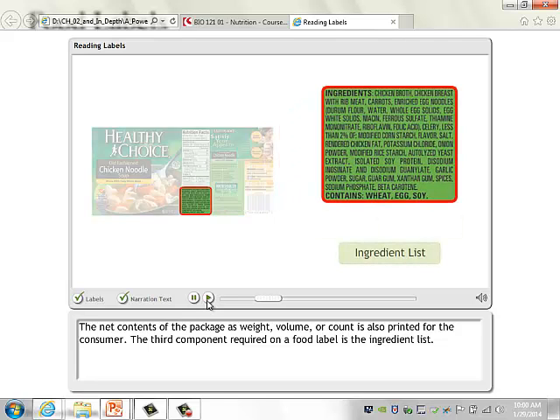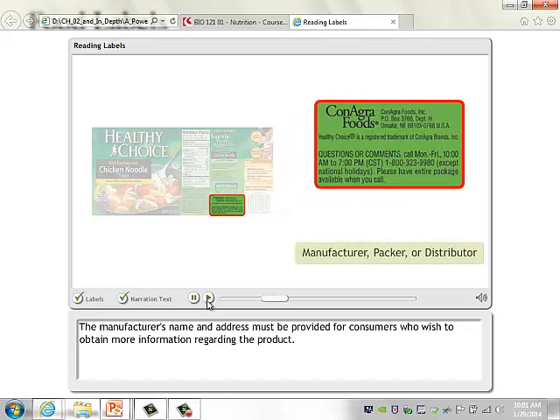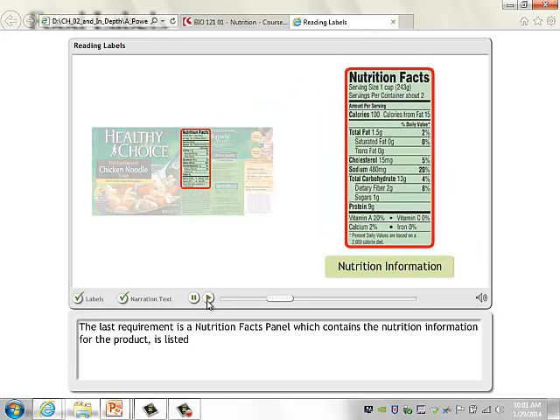The third component required on a food label is the ingredient list. This list includes the ingredients listed by their common name in descending order by weight. The manufacturer's name and address must be provided for consumers who wish to obtain more information regarding the product. The last requirement is a nutrition facts panel, which contains the nutrition information for the product.